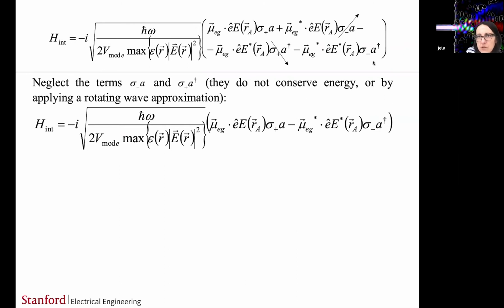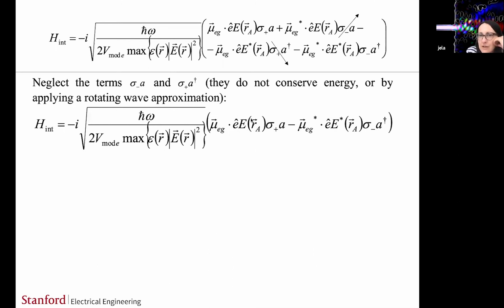This is absorption and this is emission, right? And both of them have the same amplitude, which depends on the dipole moment matrix element dot product with the electric field. E hat is the orientation of the electric field at the position of the atom, right? That's all that matters here.